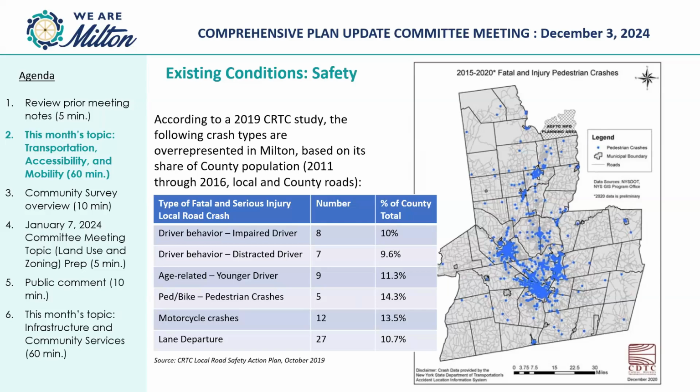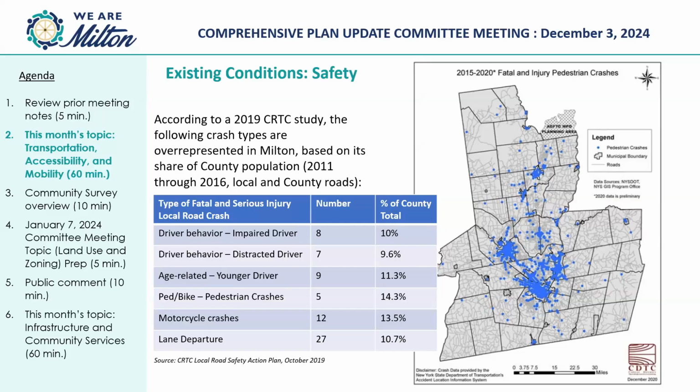One of the interesting things is they focused on several crash types that generally occur on the region's local system, and then within those types, they broke them further down by county, and then by town, to arrive at a municipal focus.